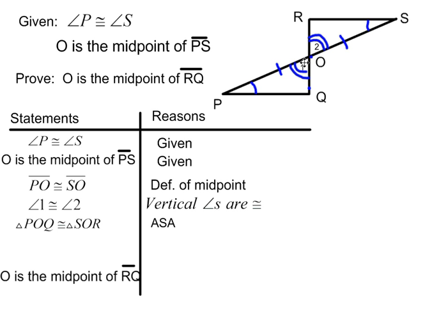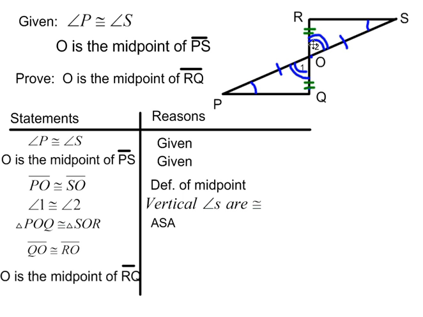Now, the triangles are congruent, and therefore I can claim right now that this segment RO and segment QO are congruent. I label this on the picture, and I'm going to write it in the proof. Now, what would be the reason why these two segments are congruent?